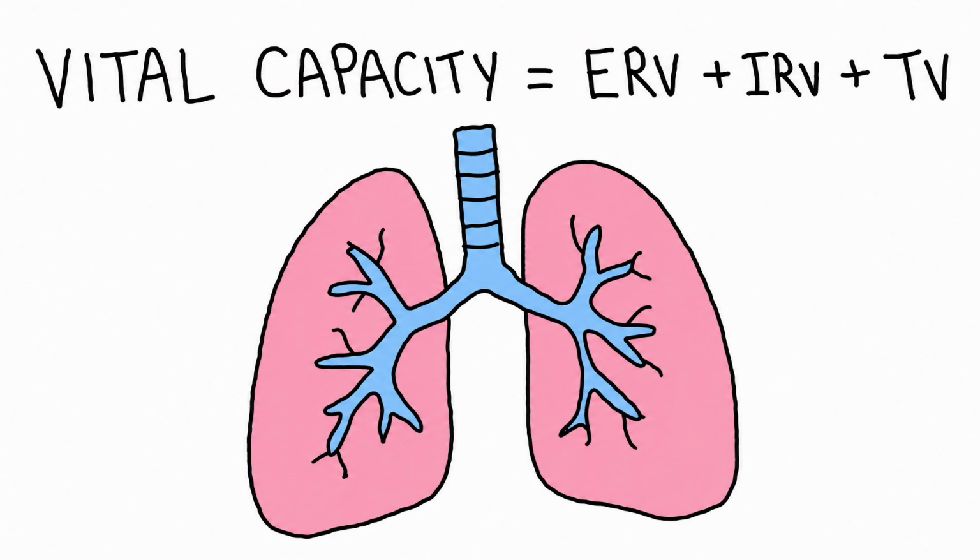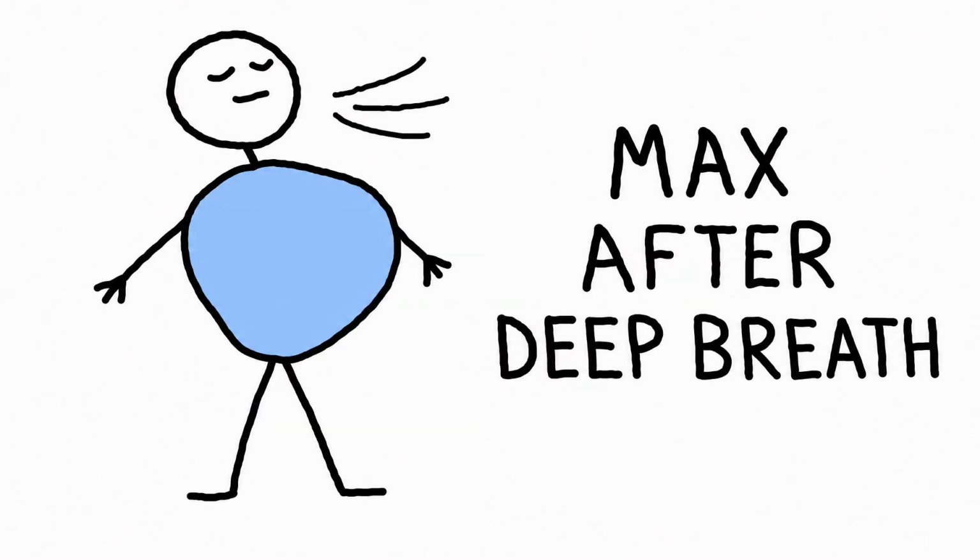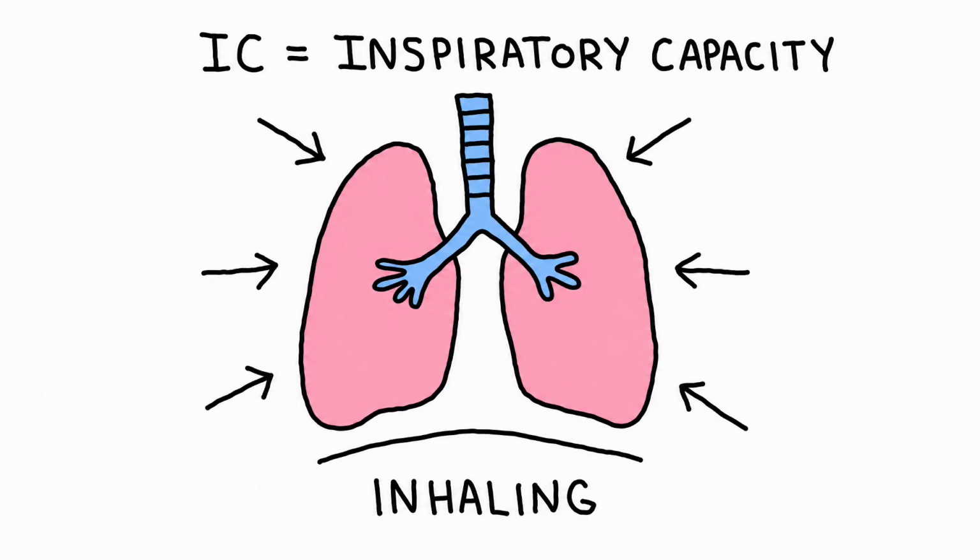It's basically the maximum amount of air that you can take in after a deep breath. And then the IC, also known as the inspiratory capacity, is basically the maximum amount of air you can take in when you inhale following an exhalation.